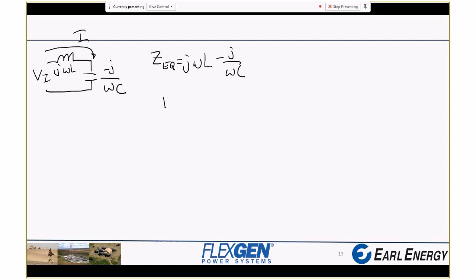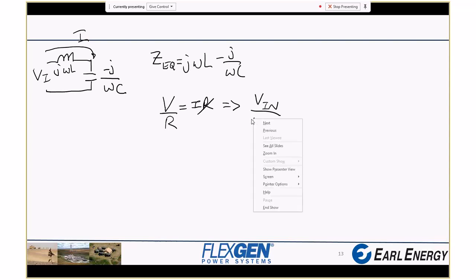So we know from Ohm's law, V equals IR. Reorganize there: V in over the equivalent impedance gives you the current. And we said V out is this.